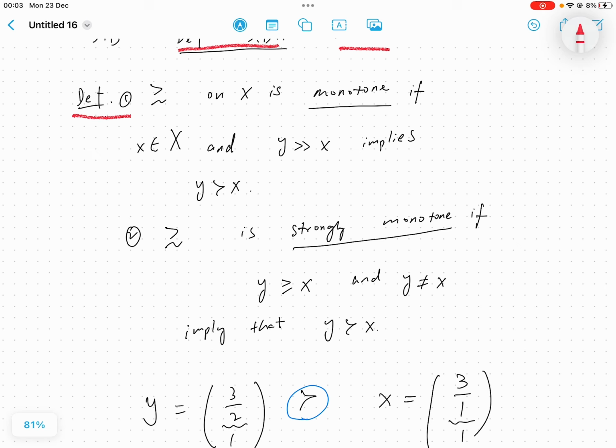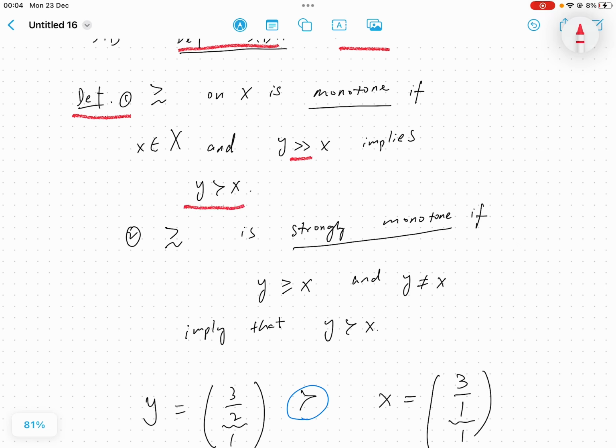We say that the preference relation on this set of alternatives, or this consumption set X, is monotone if, for an element x and another element y, we use this notation, which simply means that pairwise each entry in y is strictly greater than each entry in x, and this implies y is strictly preferred to x.